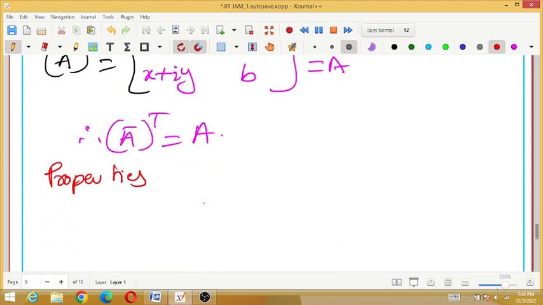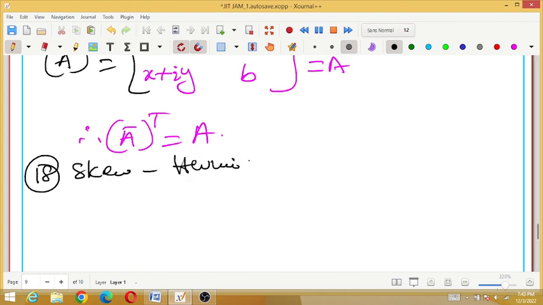After discussing skew Hermitian, we will discuss these properties. First, skew Hermitian also we want to discuss. Okay, skew Hermitian matrix, next definition.